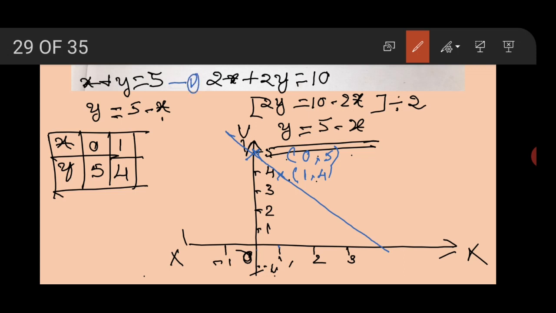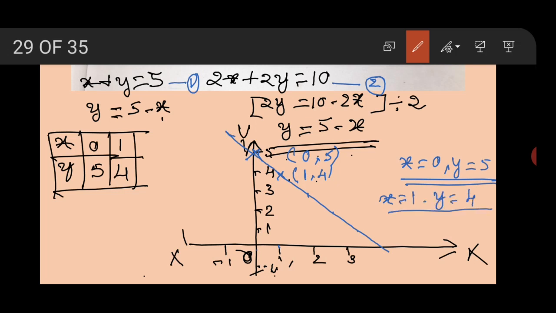Similarly, you will get the same straight line for the second equation, because if you divide the whole equation by 2, you will get the same equation. So these two lines are coincident here. So x is equal to 0 and y is equal to 5 is one solution, or x is equal to 1, y is equal to 4 is another solution.